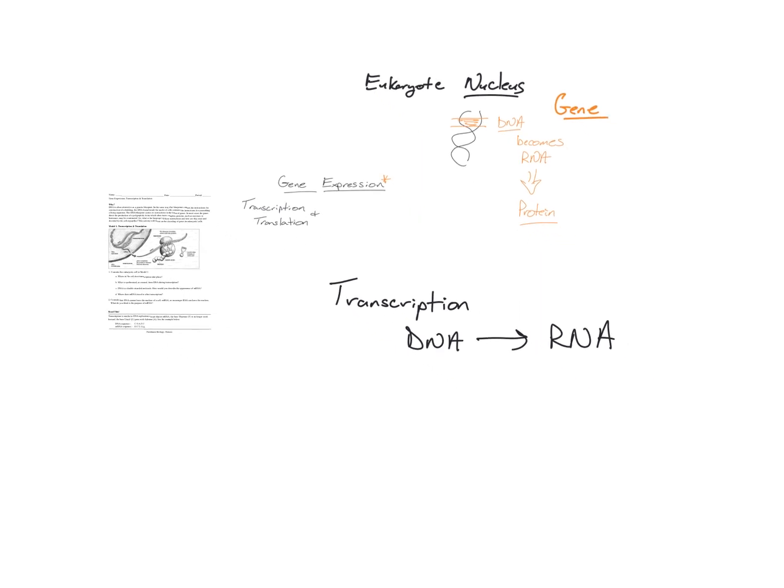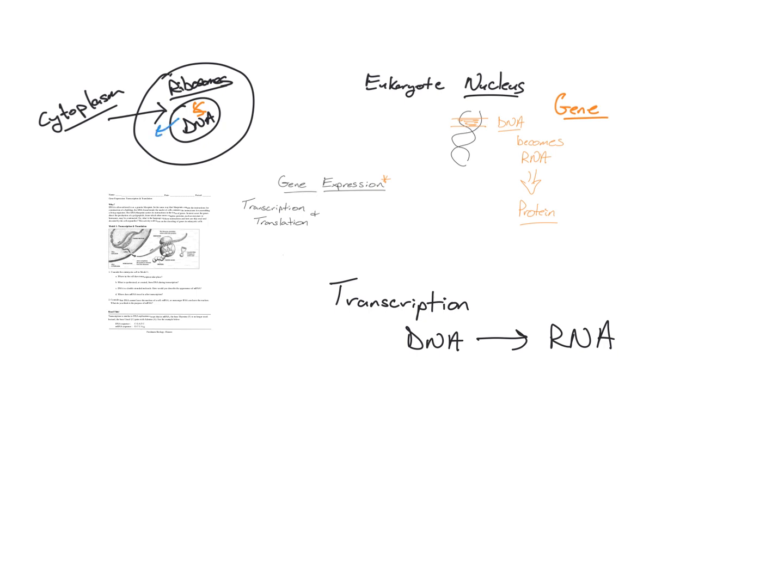The reason is that DNA is in the nucleus of the cell, and the ribosomes are here in the cytoplasm. They're in this part of the cell here. And so the DNA cannot get out of the nucleus. So the message to make the protein is in the nucleus. But we have to find a way to get that message out.